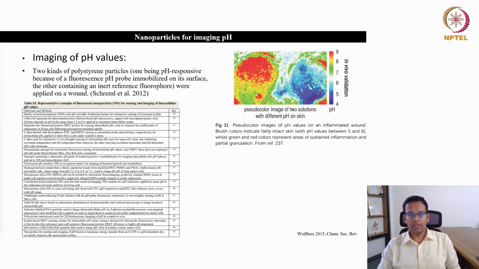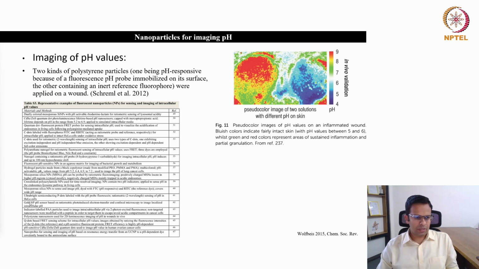And there are several other studies in which the fluorescent nanoparticles have been used for sensing intracellular pH values. So you can see all these references are from this review article. So reference number 61 represents the number 61 reference in this review article.